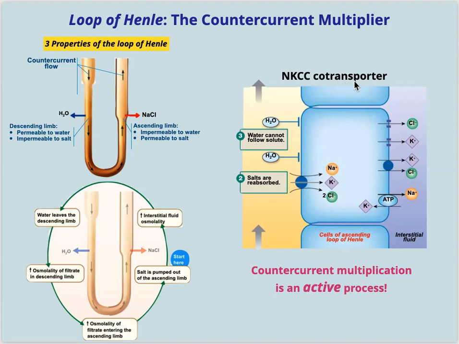And this NKCC cotransporter is an example of a secondary active transport process because it harnesses the potential energy stored in the sodium gradient established by the sodium potassium ATPase to move these ions out of the tubule.